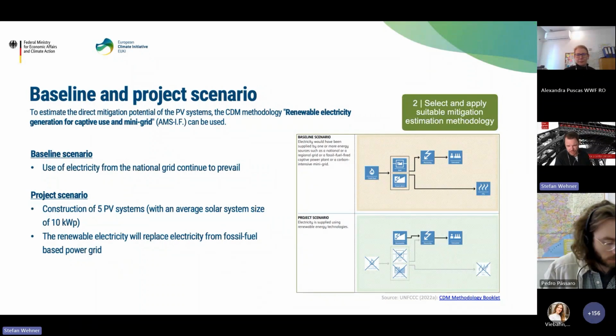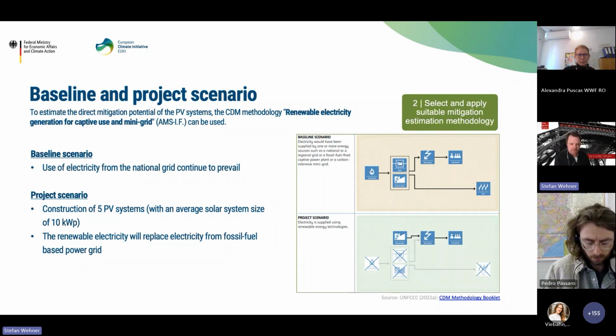You see the picture to the right, which comes from the CDM. We have a baseline scenario. In the baseline scenario, the electricity would have been supplied by one or more energy sources, either from the national grid or from a captive power plant. And as you see, in the baseline situation, the emissions related to electricity from the national grid would continue to prevail.